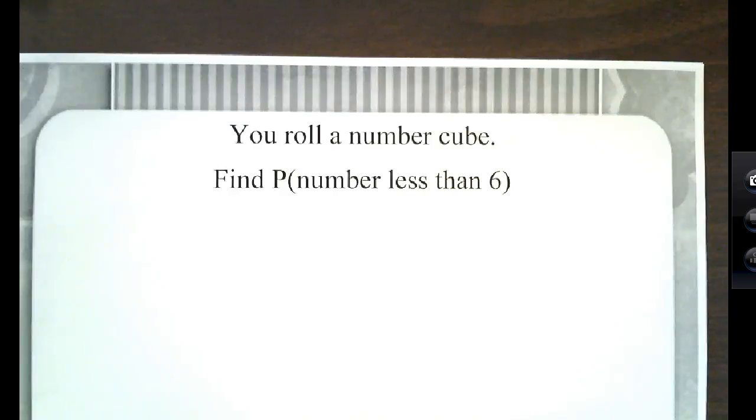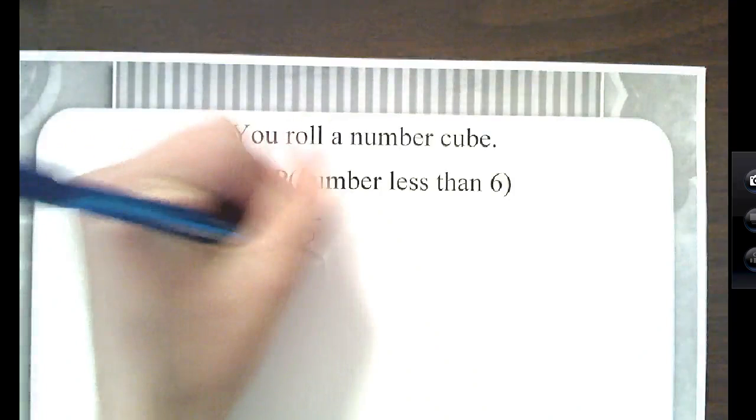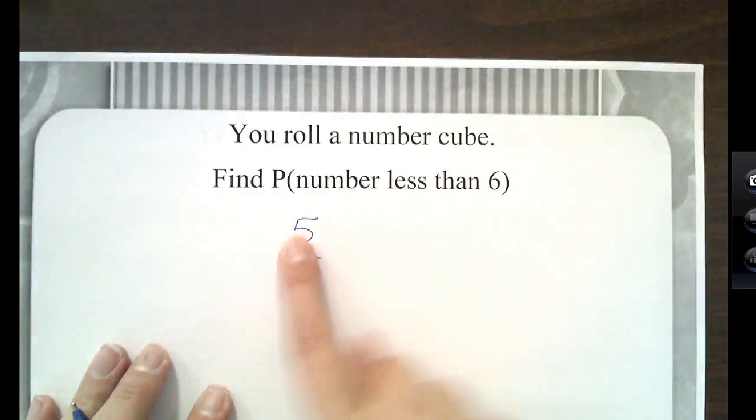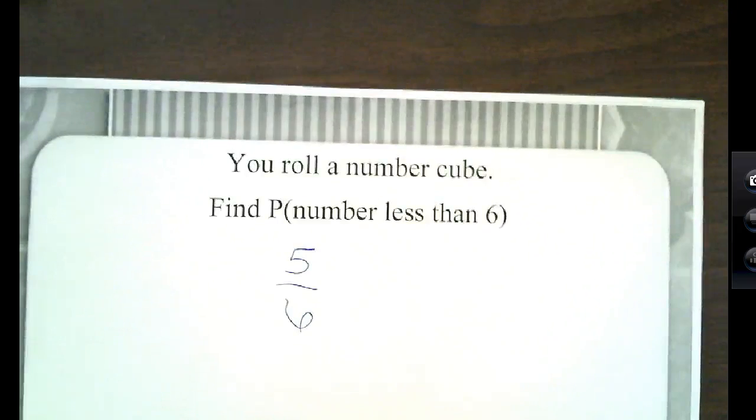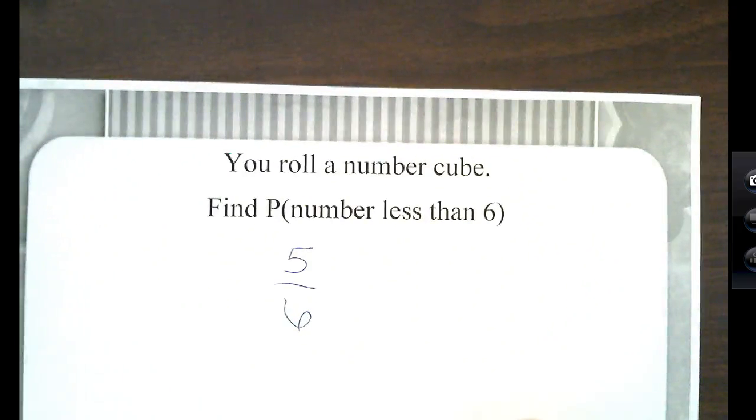Probability that you're going to roll a number that's less than 6. What'd you guys get? 5, 6. Very good. 5 out of 6. There are 5 numbers that are less than 6 out of 6 possibilities. And for probability, you can just leave as a fraction.